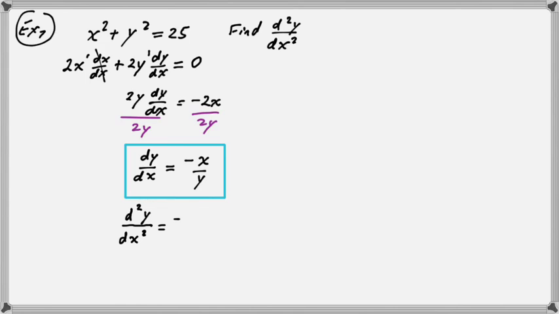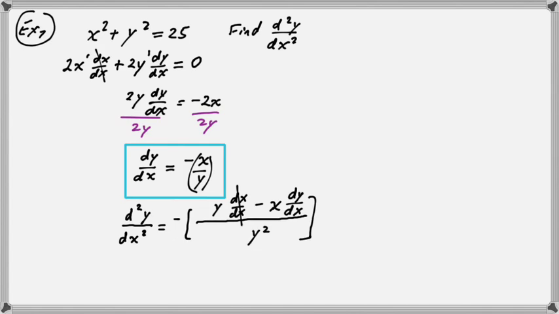Because this is a quotient, I may keep the negative out front as a constant. So basically I have a quotient of y over x. So I'm going to do a quotient rule. The bottom times the derivative of the top, which is just dx/dx, minus the top times the derivative of the bottom, because it's y, you put dy/dx, all over the bottom squared.